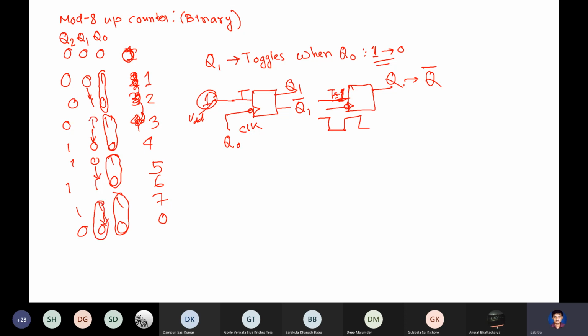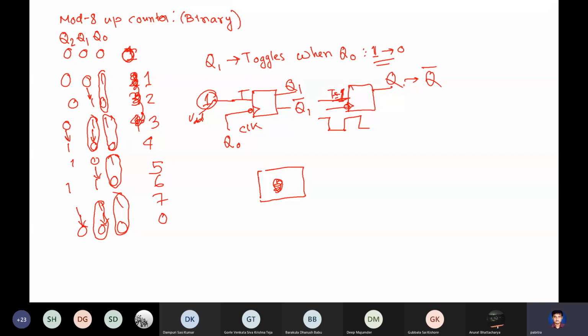Okay, so let's see when Q1 goes from 1 to 0. This is where it goes from 1 to 0. This is where it goes from 1 to 0. Only 2 places. These are the only 2 places where Q1 toggles. So if I have a circuit like this, as follows. Note that I am writing the flip-flops in the reverse order.